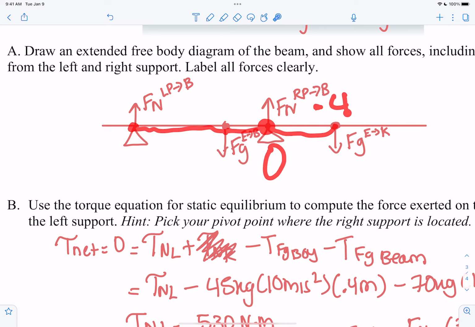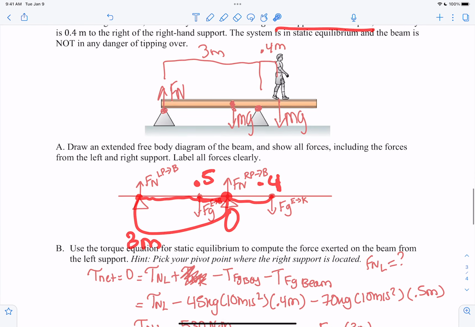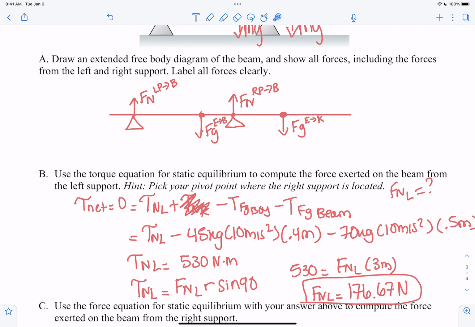Here is 0.4, that's how far the buoy was away. Here is 0.5, that's how far the center of mass was away. And here it's 3 meters, because they said the supports are 3 meters apart. So if we're interested in this force here, well, how far is it away from the pivot? That's 3 meters away from the pivot.